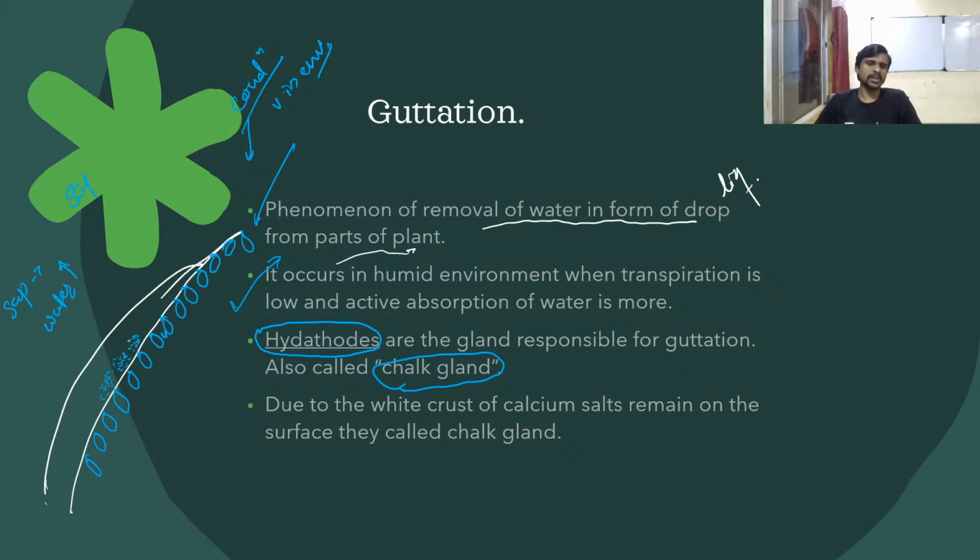Because of this whitish color, it looks like it is secreting a chalk, or it is drawing something on a plant, and so scientists call it a chalk gland. Okay, so this is your chalk gland, hydathodes.